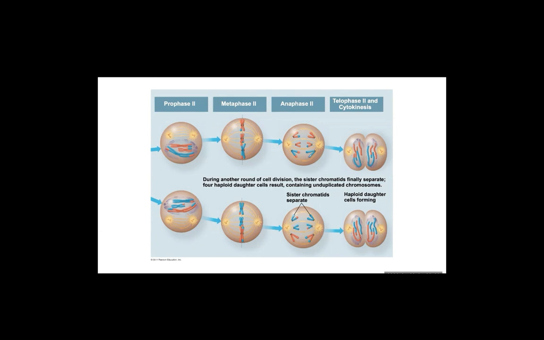During another round of cell division, the sister chromatids finally separate to form haploid daughter cells, each containing unduplicated chromosomes. So you can see 1, 2, 3, 4 daughter cells, and each daughter cell has how many chromosomes? Haploid.